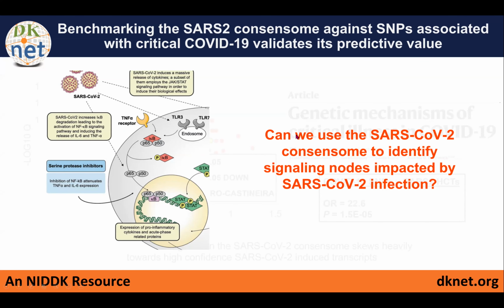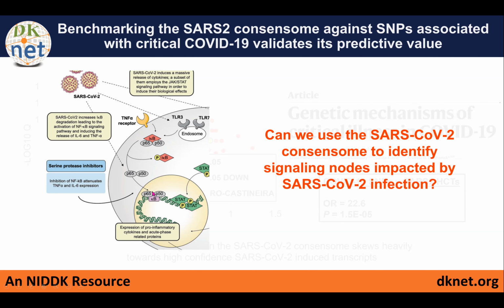So having established that we were able to use consensome analysis to model the effect, in terms of expression, of transcriptional regulation by SARS-CoV-2 infection, we next wanted to go one level up, if you will, and see if we could adopt an omics-based approach to identifying nodes that were actually regulating these responses to infection.